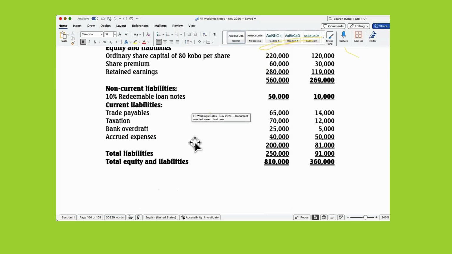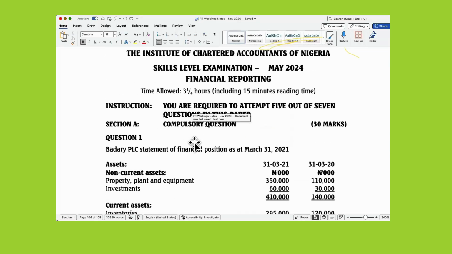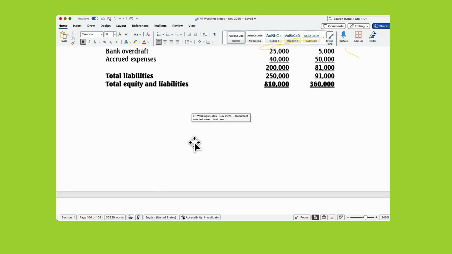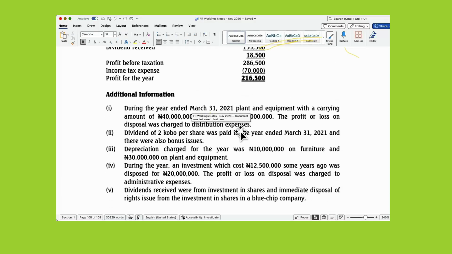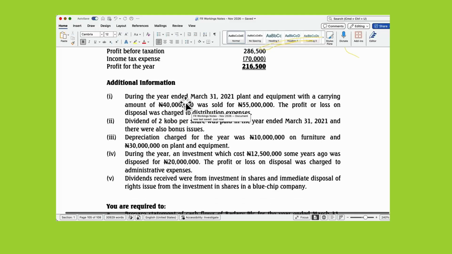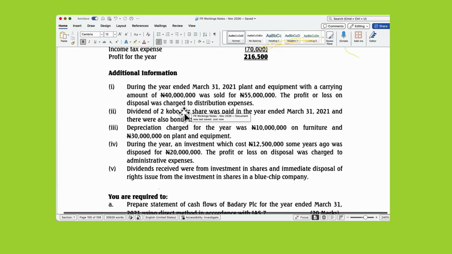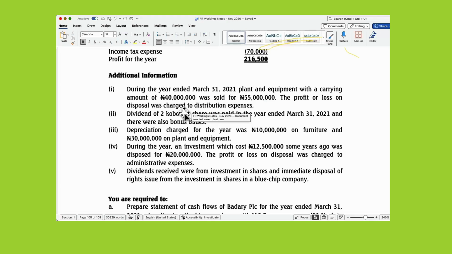So this is the May 2024 diet. The one we solved last was November. This is May 2024, and it was question 1 for that diet. So they have already given me details on plant, that a plant with a carrying amount of 40, I sold it for 55. And the profit or loss on disposal was charged to distribution expense.